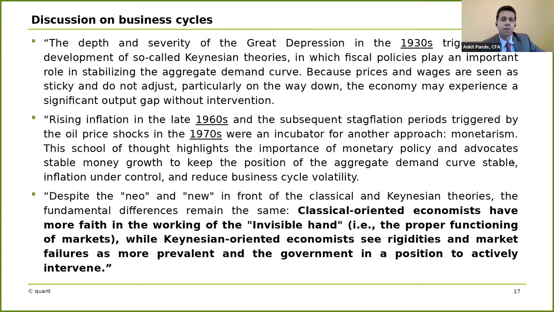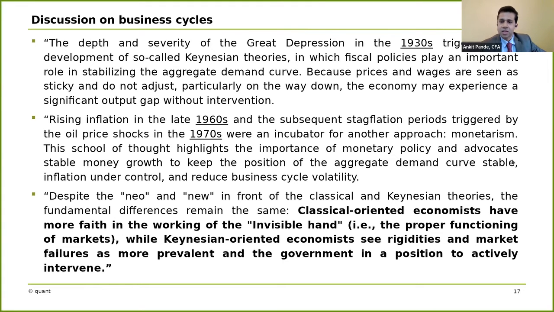The next point, rising inflation in the 1960s and subsequent stagflation periods triggered by the oil price shocks in the 70s were an incubator for another approach, monetarism, the Chicago Monetary School of Thought. Milton Friedman, I'm sure, comes to mind for you. The school of thought highlights the importance of monetary policy and advocates stable money growth.